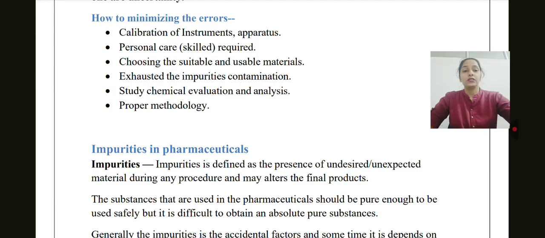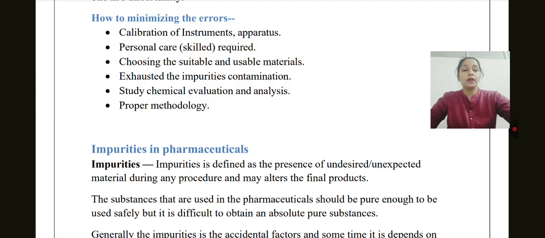Today we are going to discuss the methods to minimize the errors. So how can we minimize the errors occurring during the experiment? First of all, we can do the calibration of instruments and apparatus. Second, a personal or skilled person is required.